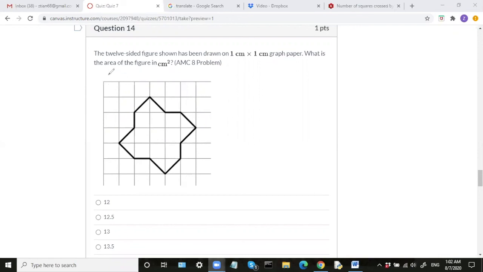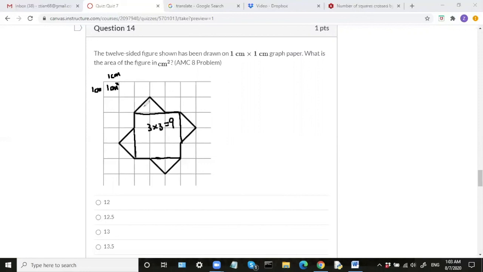This 1 square is 1 centimeter by 1 centimeter, so the area of one small square is 1 square centimeter. This square here is 3 by 3, so 3 times 3 is equal to 9.